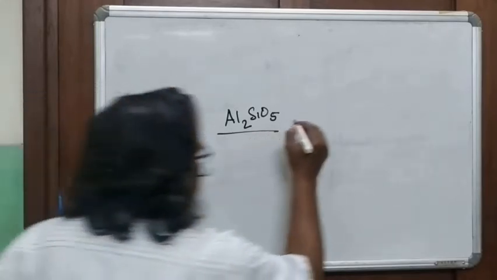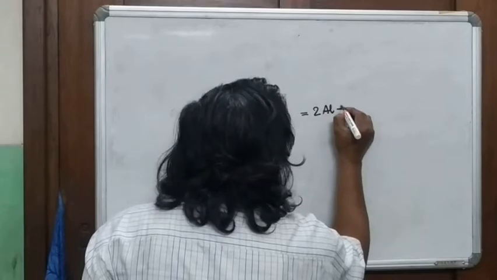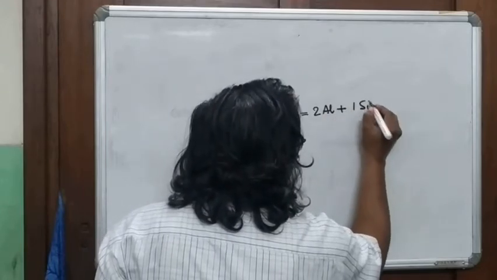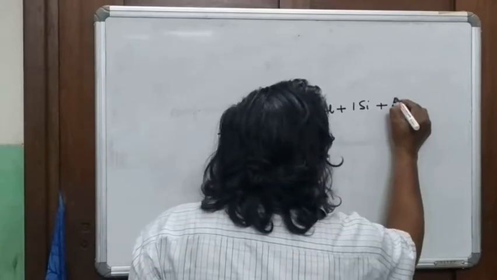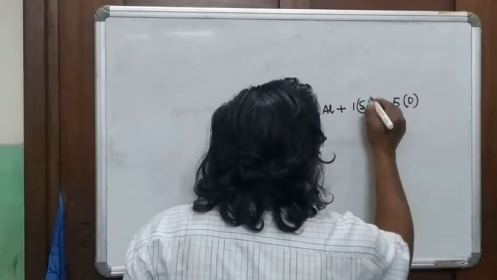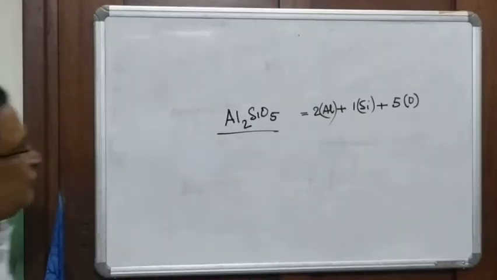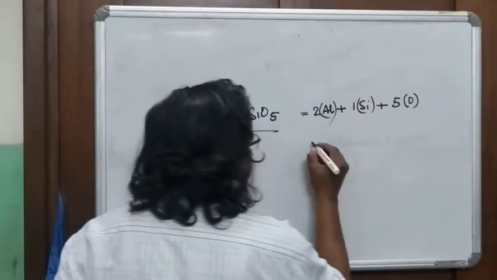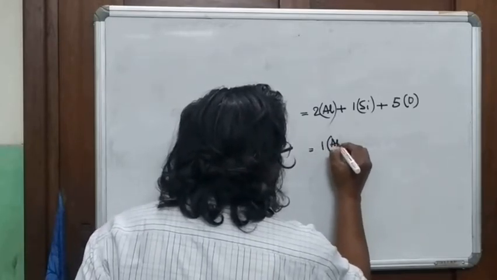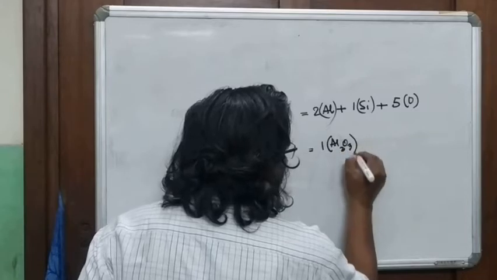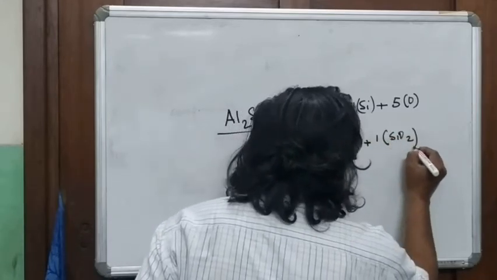I can write it as 2Al plus 1Si plus 5 oxygen. Or I can write it as 1 Al2O3 plus 1 SiO2.